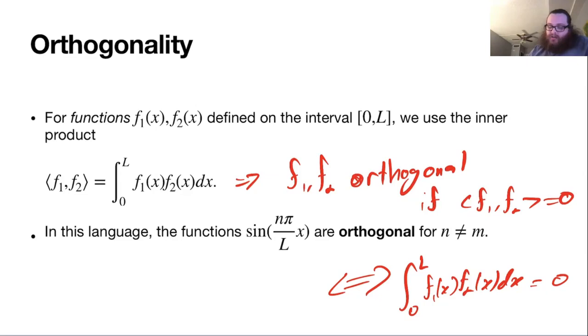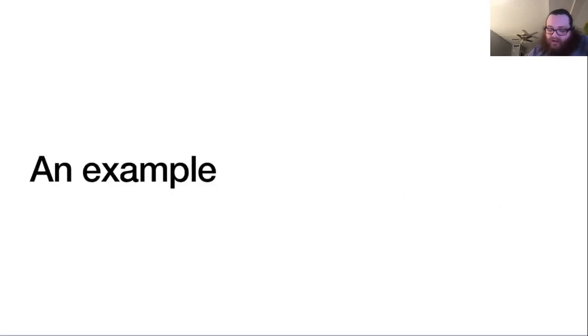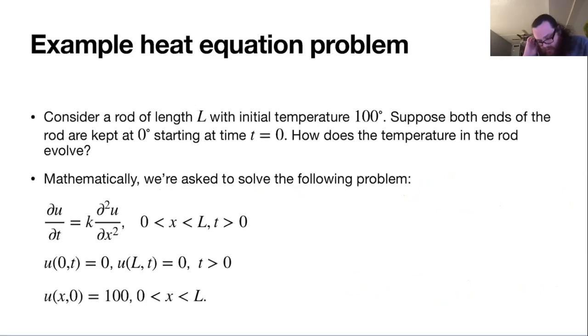Okay, cool, great. So let's actually see an example, which is maybe a little more interesting than having an initial condition that's a sine function. Consider a rod of length L with initial temperature 100 degrees.